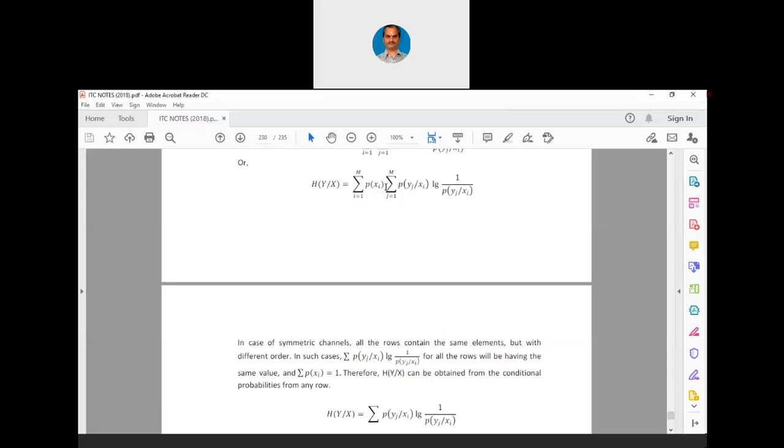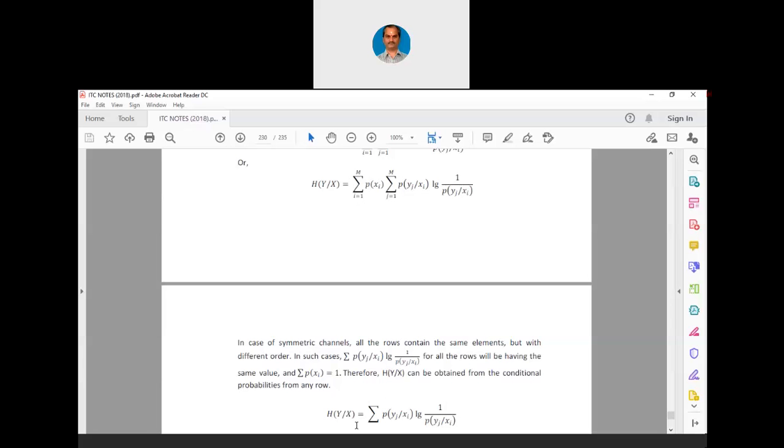Here you can see H of Y/X is equal to summation of i equals 1 term of P of xi, summation of j equals 1 term of P of yj/xi, log of 1 over P of yj/xi. Now for symmetric channels, this term is going to be unity. Summation of i equals 1 term of P of xi is going to be unity. In that case, by knowing the conditional probability itself, we can find out the equivocation.